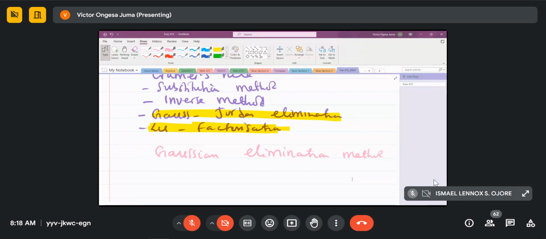Two matrices are said to be equivalent if one can be obtained from the other by several operations, either interchanging rows, adding multiples of other rows, or substituting rows. That's what we call equivalent systems, or equivalent matrices.